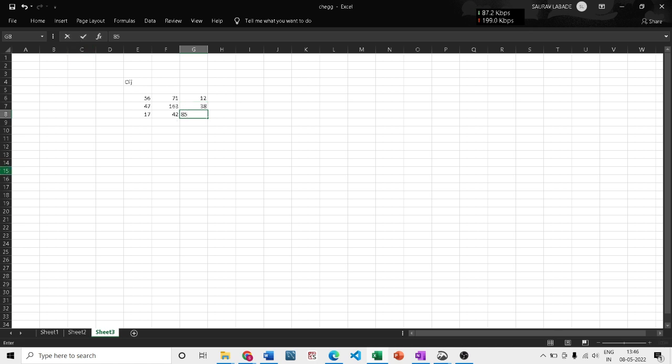These are all the values which are given, and these are the observed frequencies.